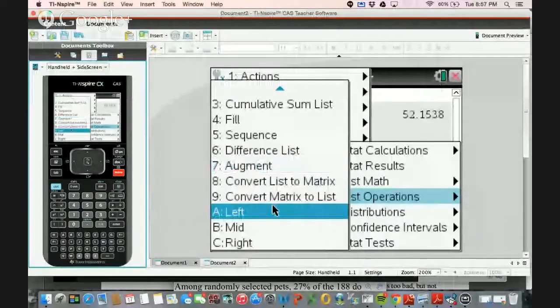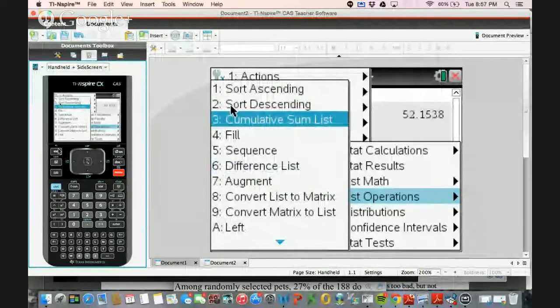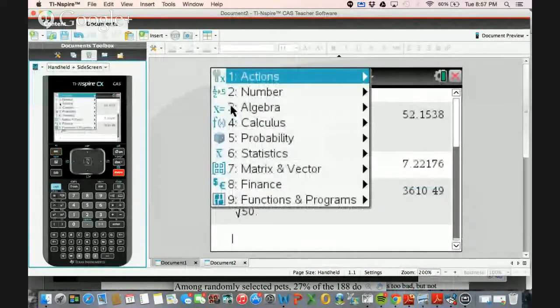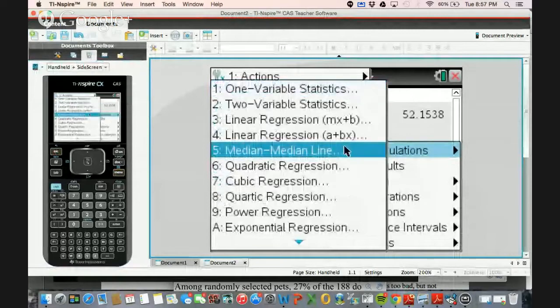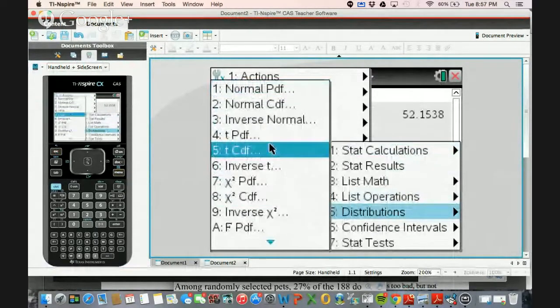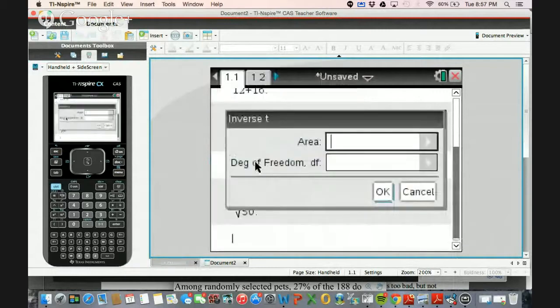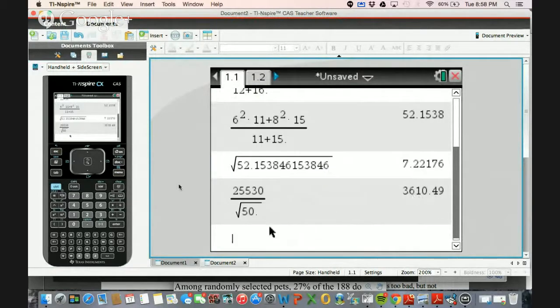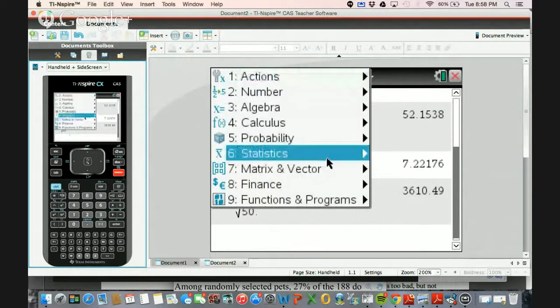In my calculator menu, I'm going to go to menu, statistics, distributions, inverse T. Oops, I want inverse Z, sorry.